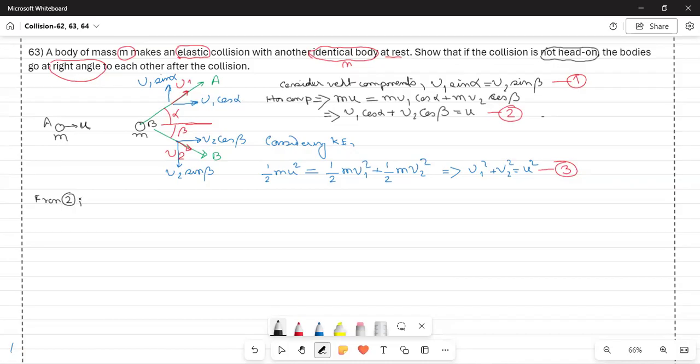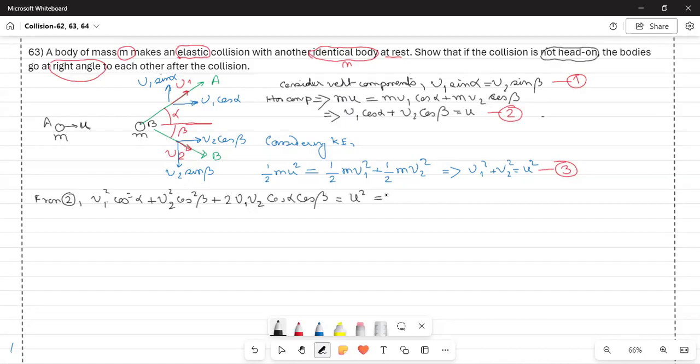If we square equation 2, we get v1 square cos square alpha plus v2 square cos square beta plus 2 v1 v2 cos alpha cos beta is equal to u square.